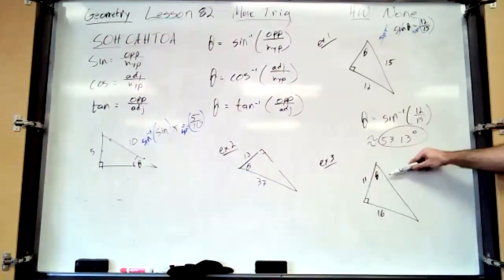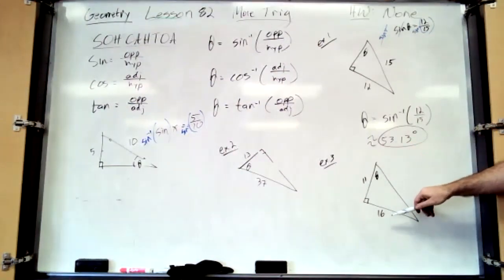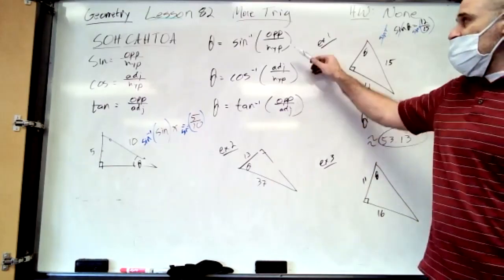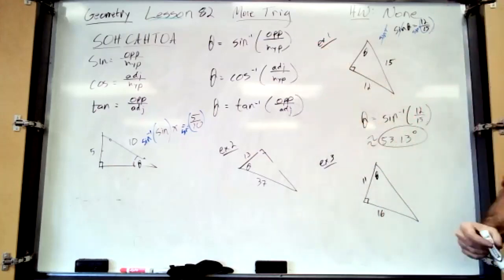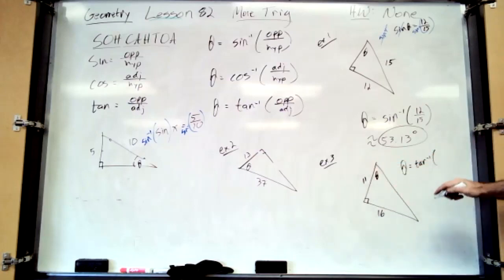And what side are you missing? The hypotenuse. That's the hypotenuse. But you're given the opposite, so this must be the adjacent. So now, which one of these deals with opposite and adjacent? Tangent. So theta is inverse tan of opposite over adjacent, so 16 over 11.